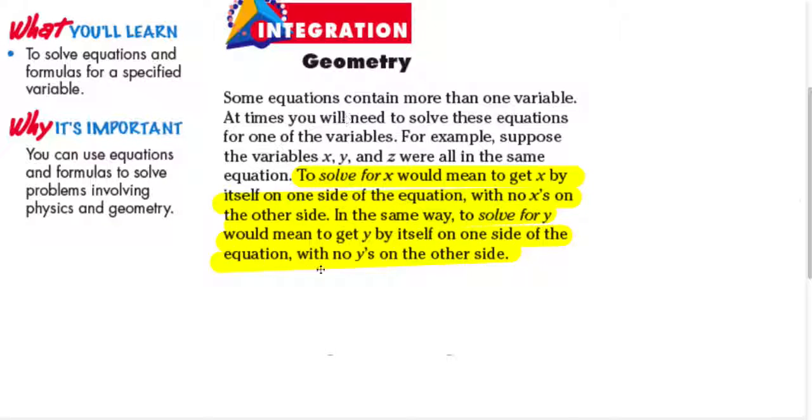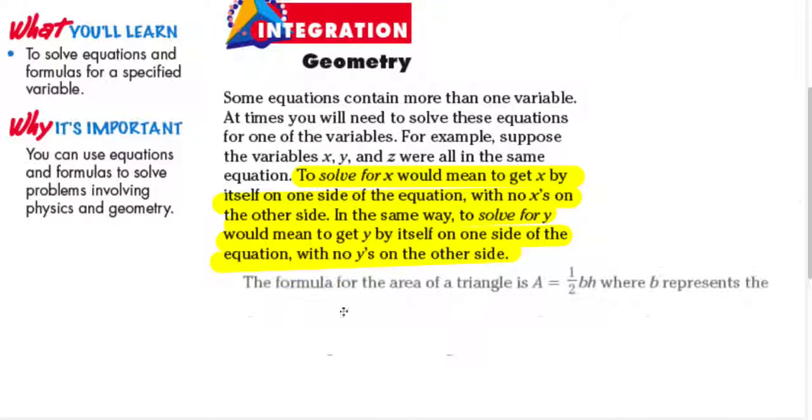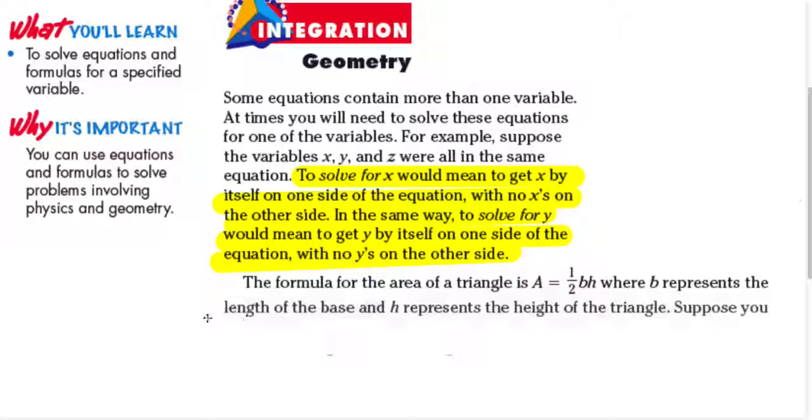Knowing that, let's take a look at the formula of a triangle. We know that area equals 1/2 base times height, where b represents the length of the base, and h represents the height of the triangle.